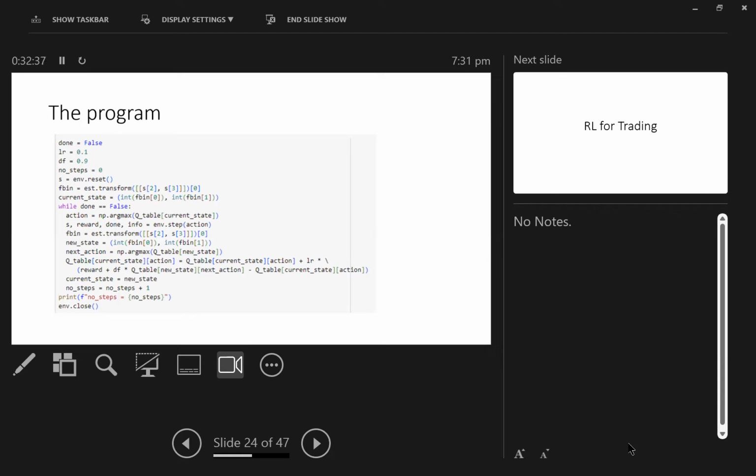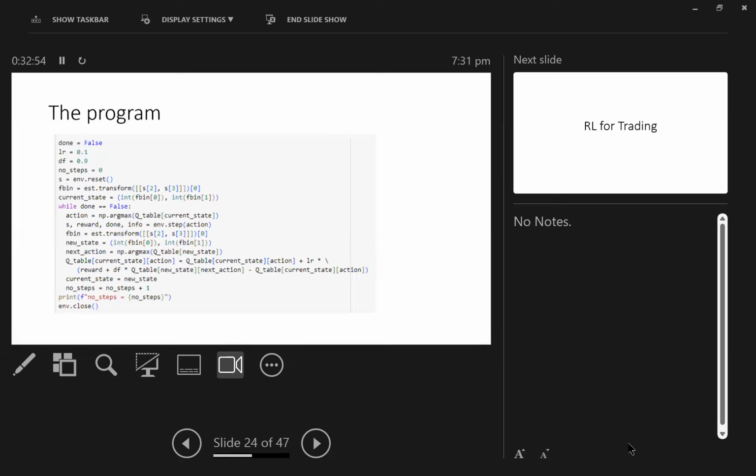So this is what we have, a new state, and then convert into integer, and then repeat: get the next action, then you take the next action, see what we get, and then after that, you just use the new state, new action.